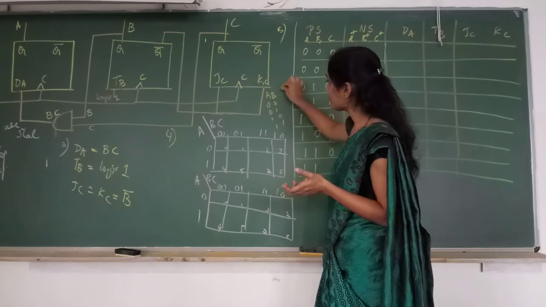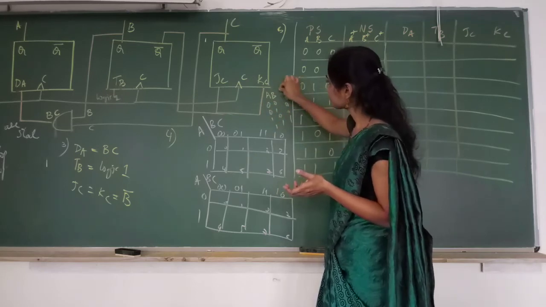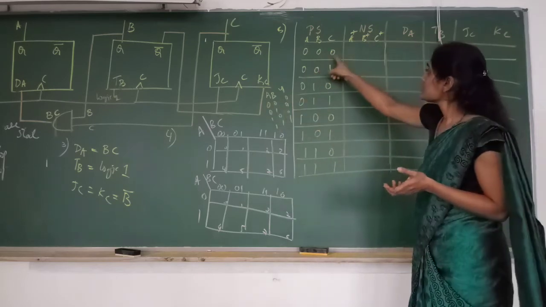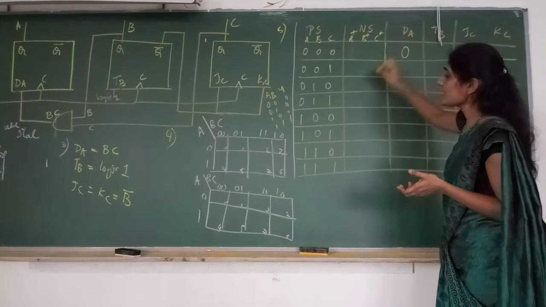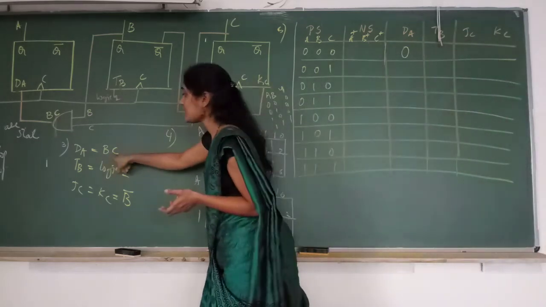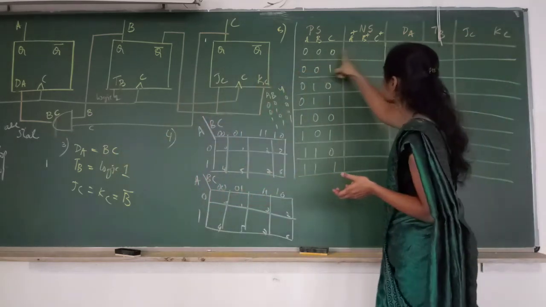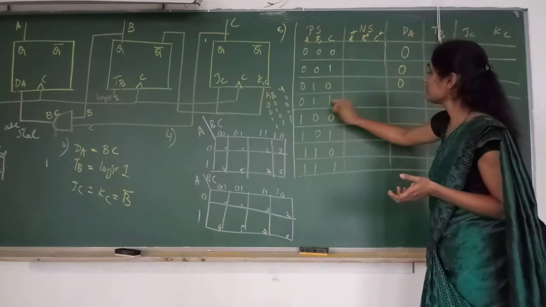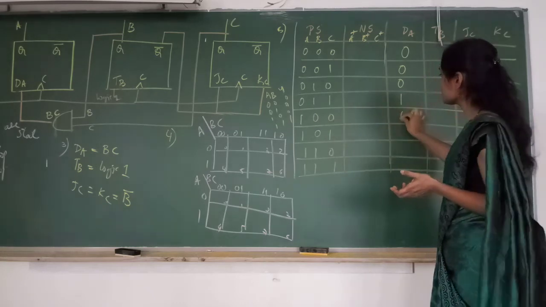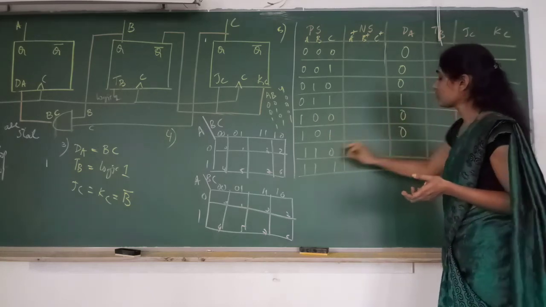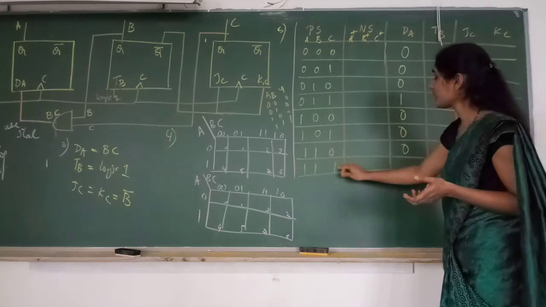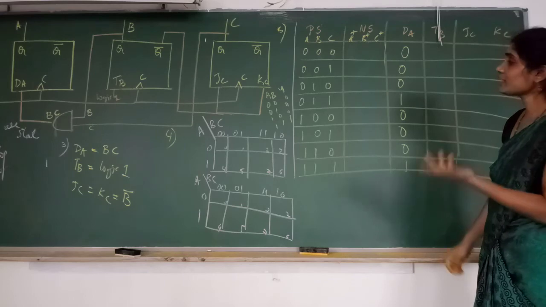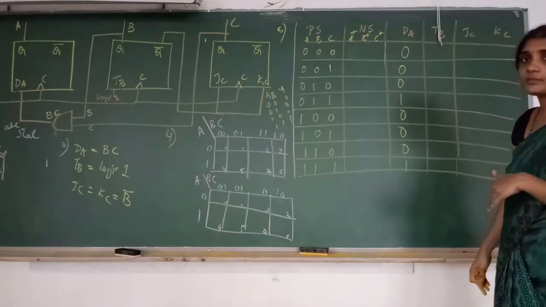So DA is equal to BC, giving 0 0 0 1 0 0 0 1. Whatever the equation is, you write the table for the flip-flop inputs.